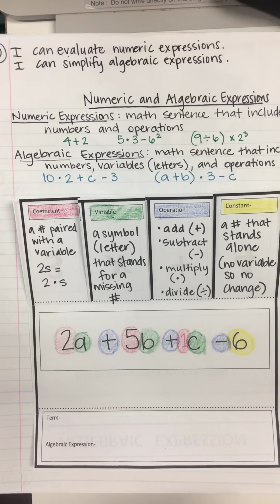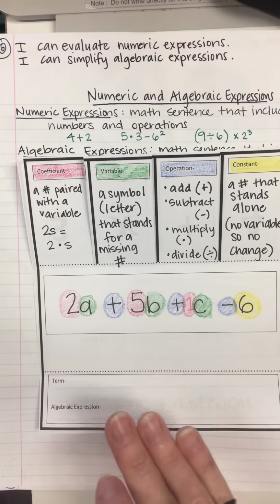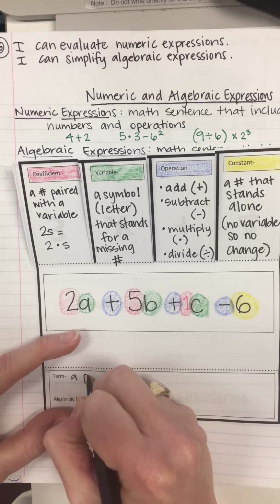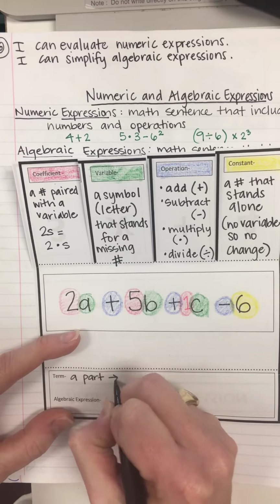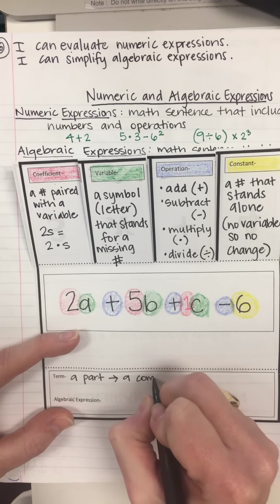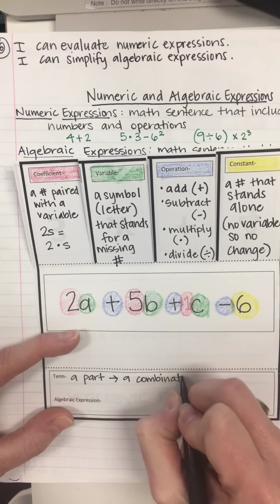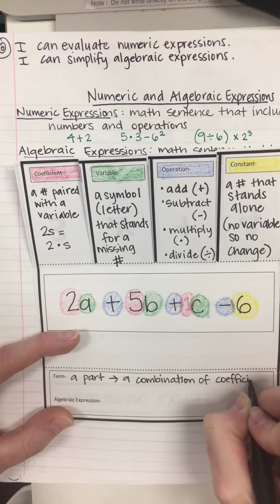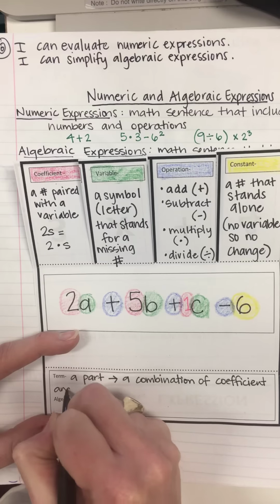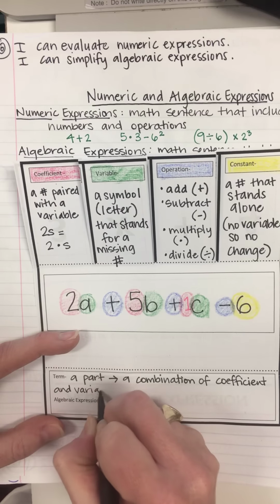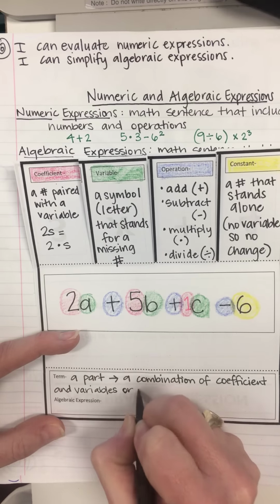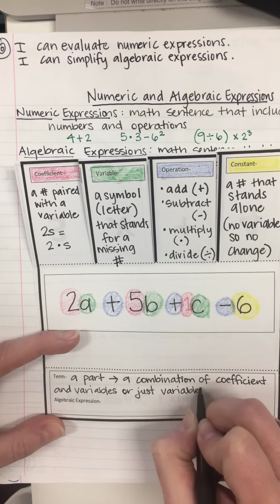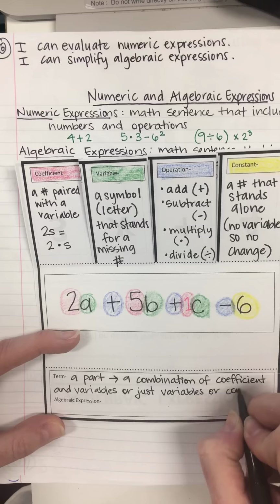Now at the bottom, this says that we have terms. So a term is a part of an algebraic expression, and it's a combination of coefficients and variables, or just variables, or constants.